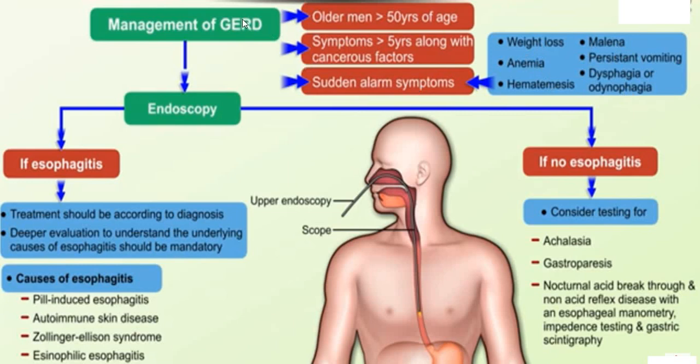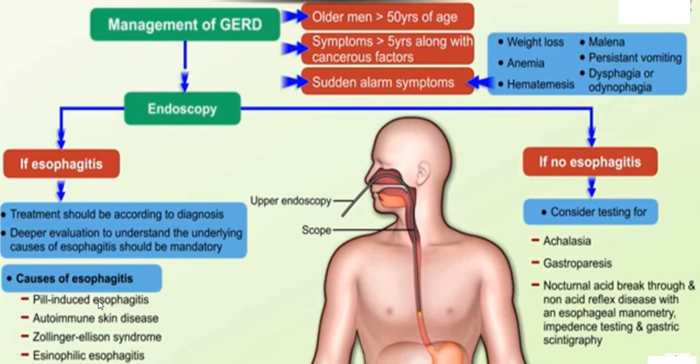Now, before we go for surgical intervention, at endoscopy, if there is no esophagitis, consider other disorders like achalasia, gastroparesis, etc. And that should be further investigated by esophageal manometry, esophageal pH, gastric emptying time, endoscopy, biopsy, etc. And if there is clear-cut esophagitis, treatment should be started according to the diagnosis and you try to find out the response to your treatment.